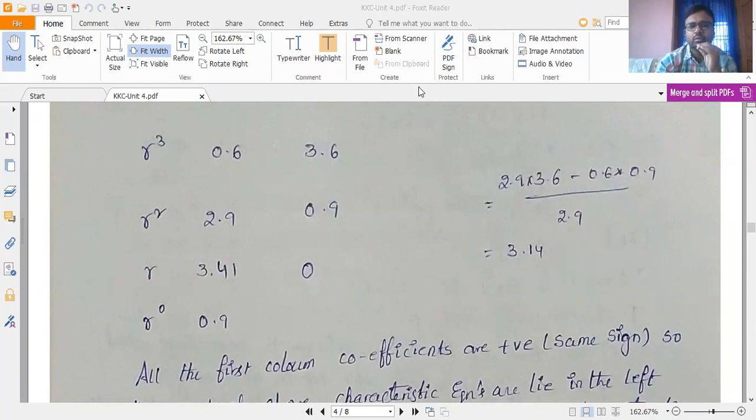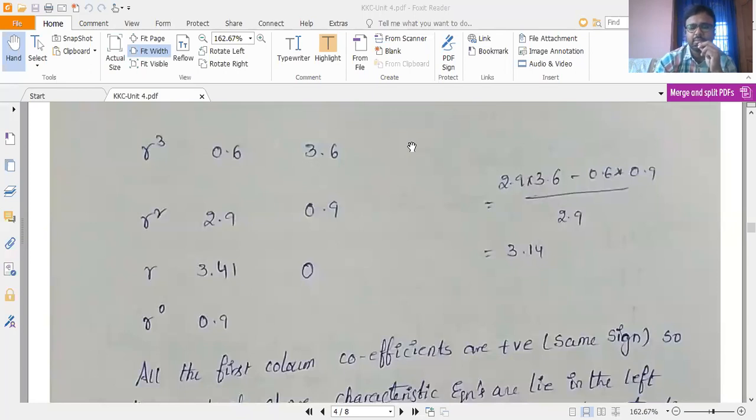If the roots are placed on the left hand side of the r plane, then we can justify that the roots of this characteristic equation lie within the unit circle.